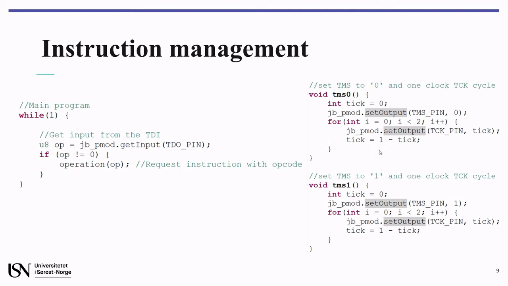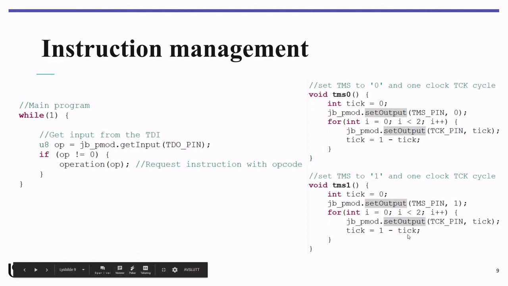A tick pulse to the clock is also given based on the instruction we have. So in this TMS0 example, we have set the TMS pin to 0 and also generate 1 pulse to the clock pin. We do the same here, but instead of sending a 0 to the TMS pin, we drive it high with a 1 and also send a clock pulse to the clock pin.